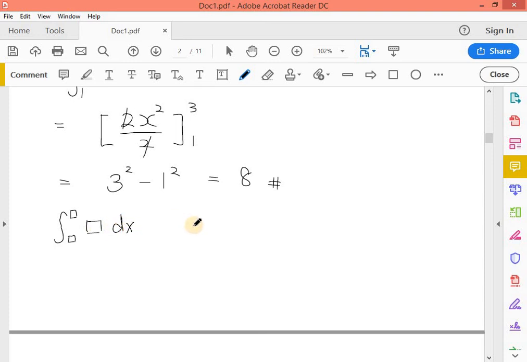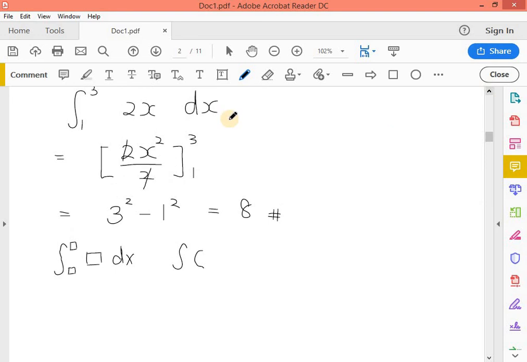But if you are using this version, you will see something like this only. Okay? So what you have to do? For this question, for example, you fill up the 2x here, and then the interval 3 is here, 1 is here. Okay? This is very easy, right?